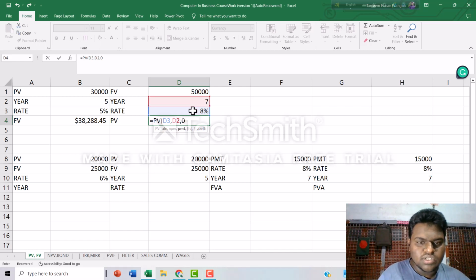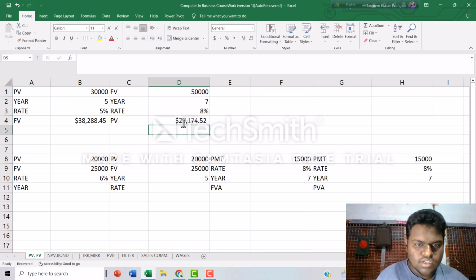We don't have payment here also, so 0 again, and then minus the future amount, for which we are going to calculate the present value, then close the bracket. So this is the formula for present value, and this is the figure. So the present value of $5,000 is $29,174.52. So this is future value and this is present value.